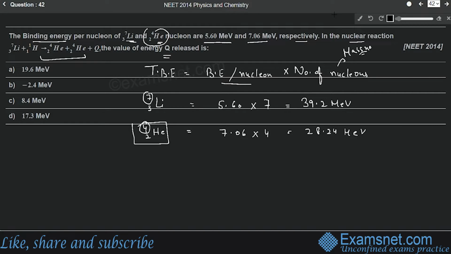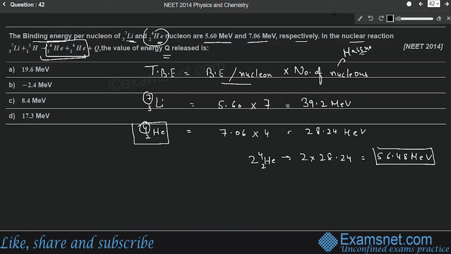And in the reaction that is given here, on the product side, 2 helium atoms are produced. That means we have to find the binding energy of 2 helium atoms. That means 2 into 28.24, that is equal to 56.48 MeV. Okay, this is the binding energy for 2 helium atoms.